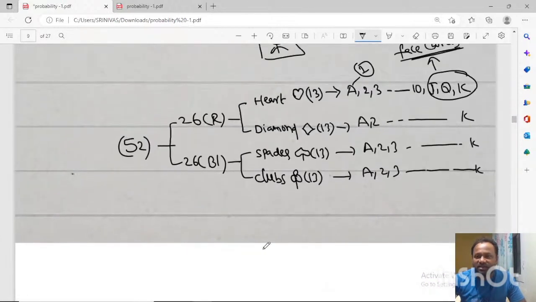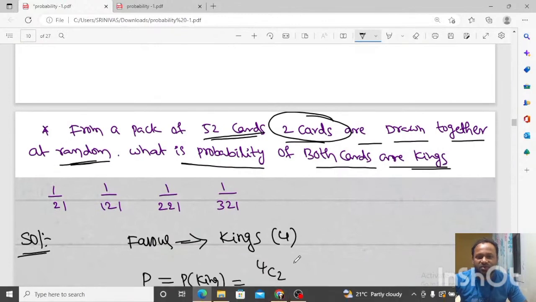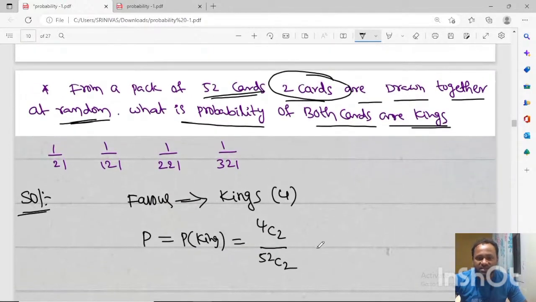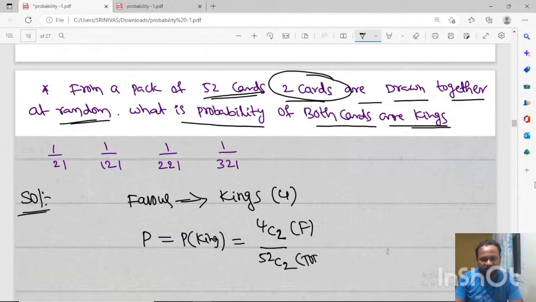4 kings will be there, as you saw, K, K, K, K. Among these 4 kings, I need 2 kings. Means any 2 kings I can select. Next, total choices: from 52 cards, we can select any 2 cards. This is favorable, this is total.